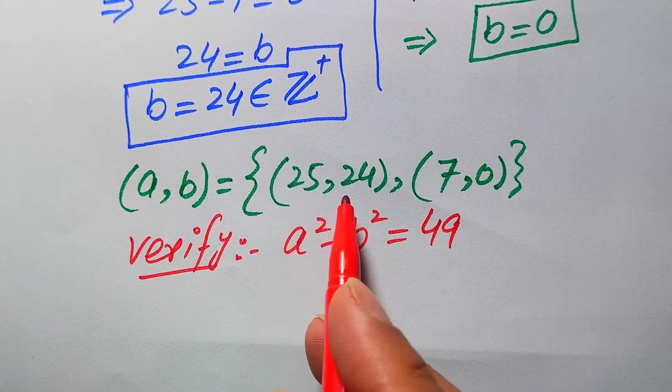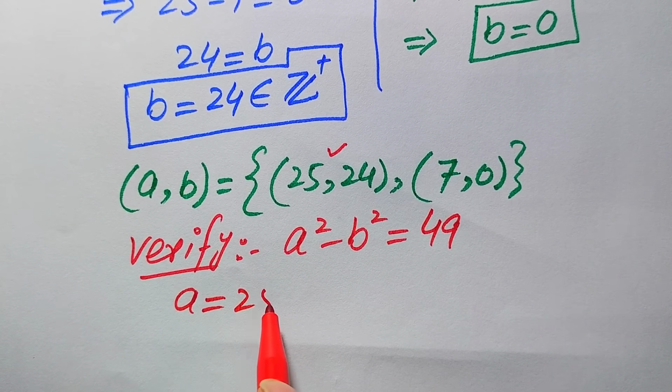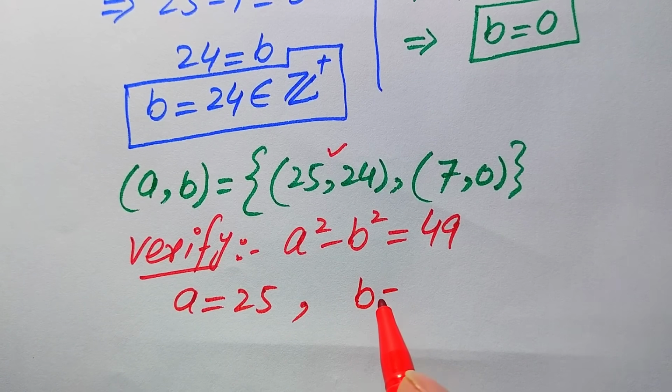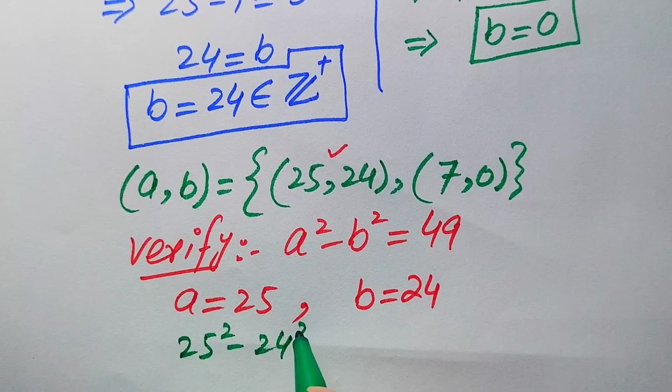And now first we verify the first solution, and from here we have the value of a is 25 and the value of b is 24. So when we put these values of a and b into this equation, it becomes here 25 square minus 24 square is equal to 49.